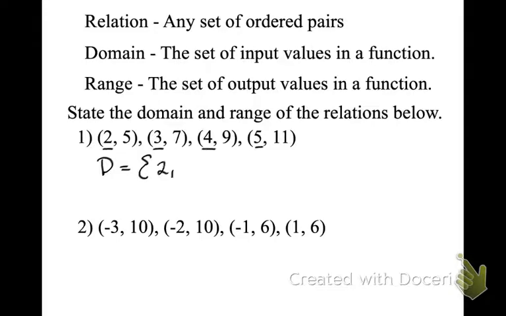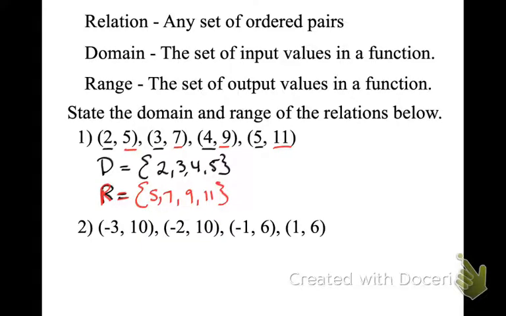So it would be 2, 3, 4, and 5. And we would say that the range is all of the y values. It's all of our outputs. So that would be 5, 7, 9, and 11. And if a number is repeated, we only write it once.